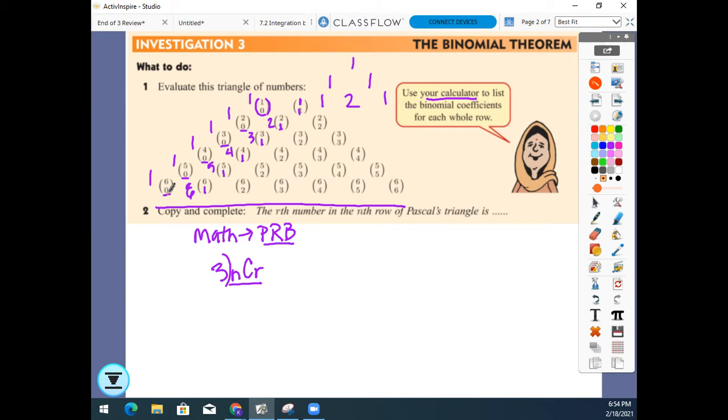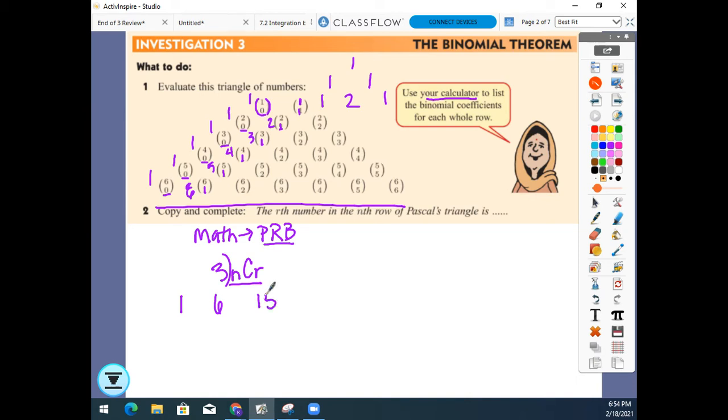So 6 choose 0 is just going to be 1. 6 choose 1 is going to be 6. Let's plug this 6 choose 2 into your calculator. So you have to push the 6, then math, prob, oops, I didn't pick the right one. Go down to 3.